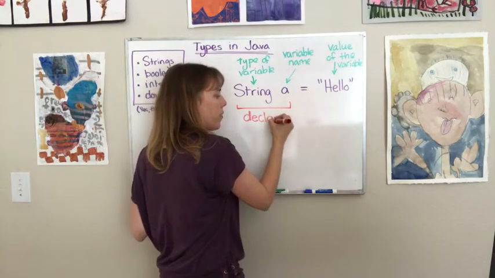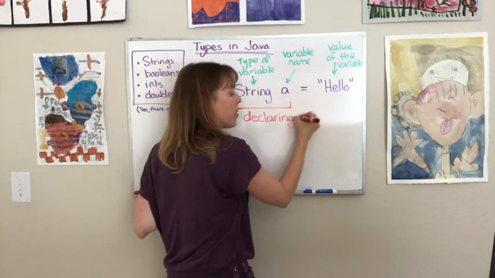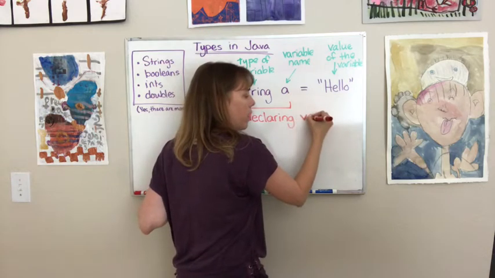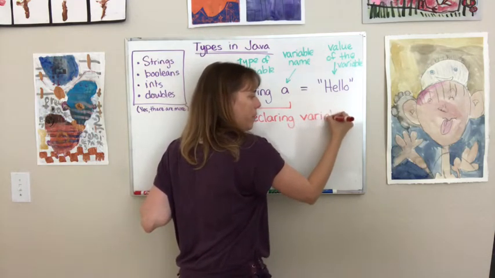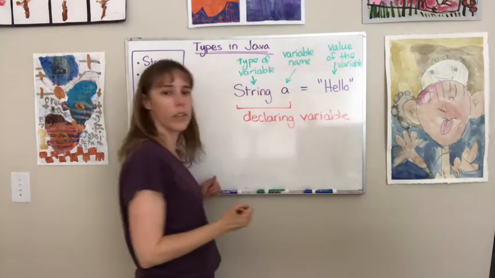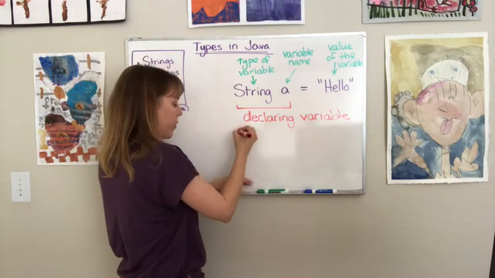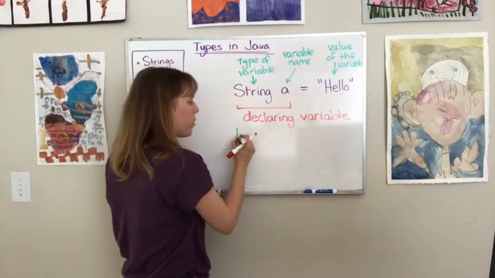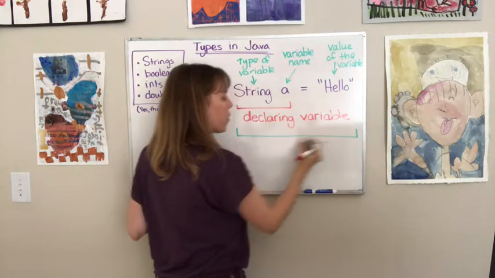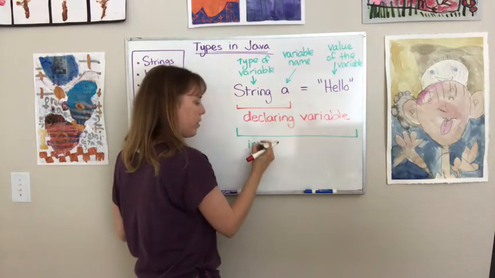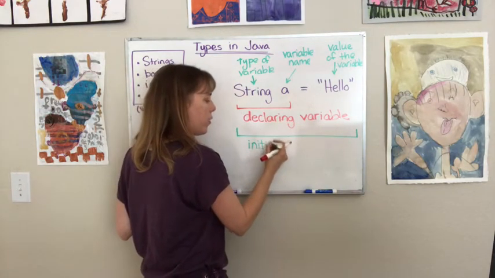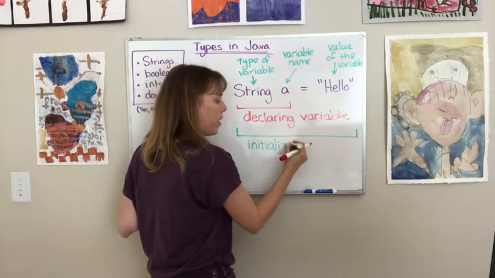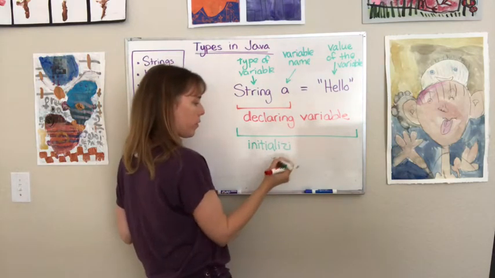You are declaring the variable A. You are saying there's going to be a variable named A that I'm about to use. This entire thing, from start to finish here, is called initializing a variable. Right? You're initializing the variable A. You are giving it an initial value.